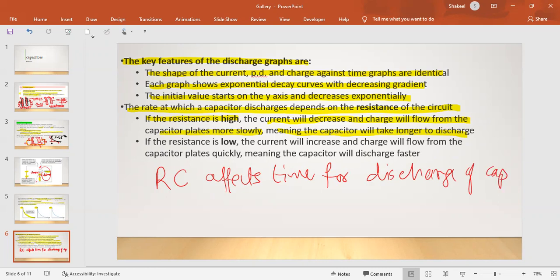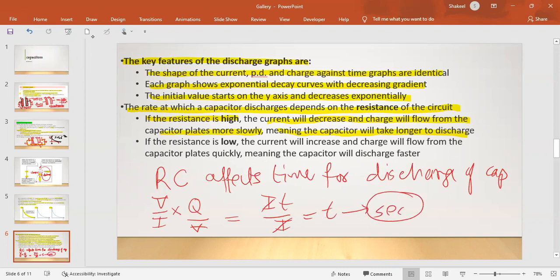If you break it down to SI units, R is V over I. And C is capacitance, and capacitance is Q over V. So V cancels. And Q is I times T, over I, so I cancels, and it is equal to T, which is seconds. So the unit of RC is time. That's why we say this RC is actually the time constant.